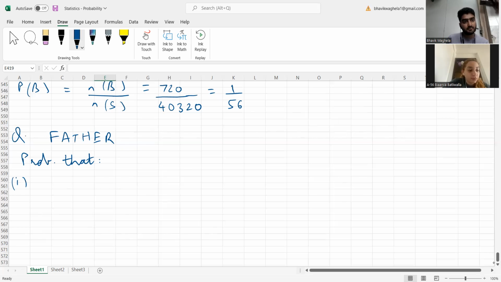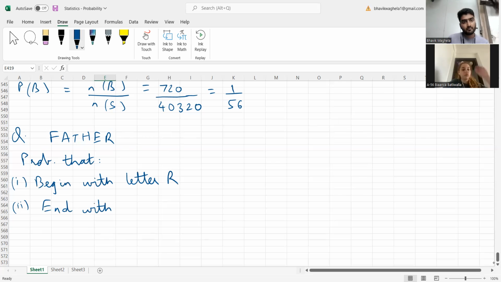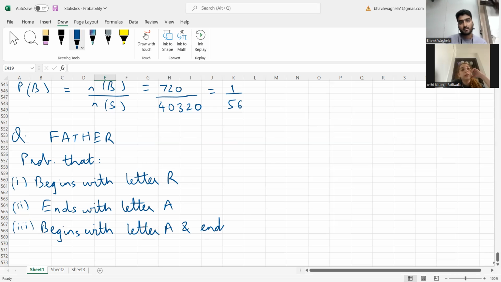It begins with letter R. Number 2, ends with letter A. And what is the third part? Begins with letter A and ends with letter R.